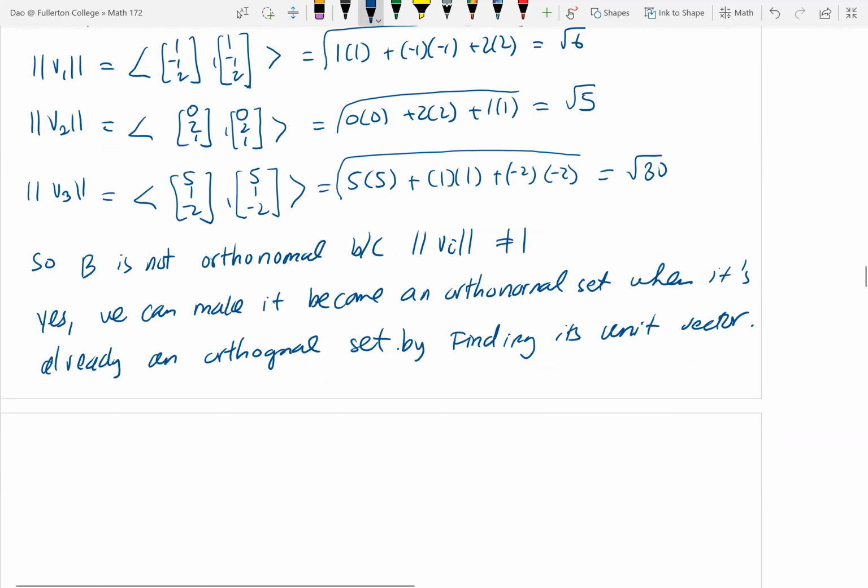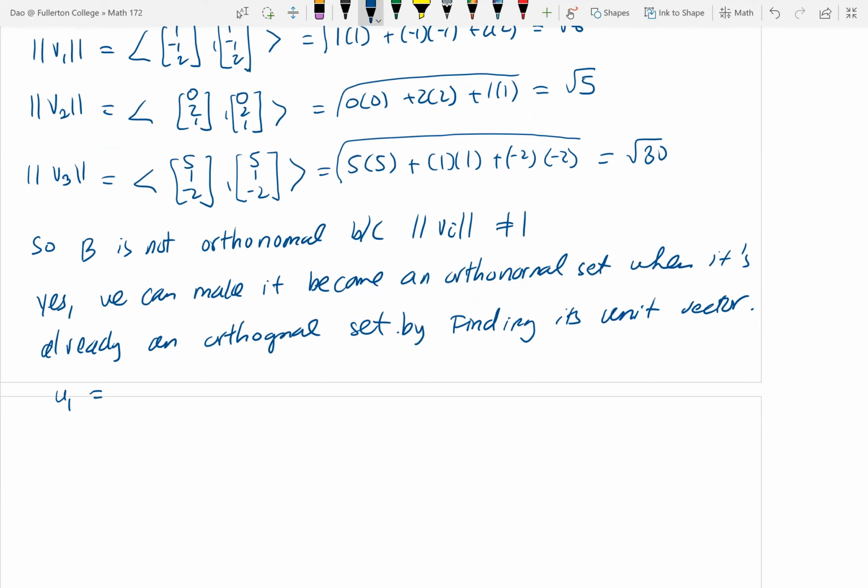All right, so U1 equals V1 over the magnitude of V1, which is (1, -1, 2) divided by radical 6. So you get 1 over rad 6, negative 1 over rad 6, 2 over rad 6. U2 will be V2 divided by the magnitude of V2, which is (0, 2, 1) divided by radical 5.